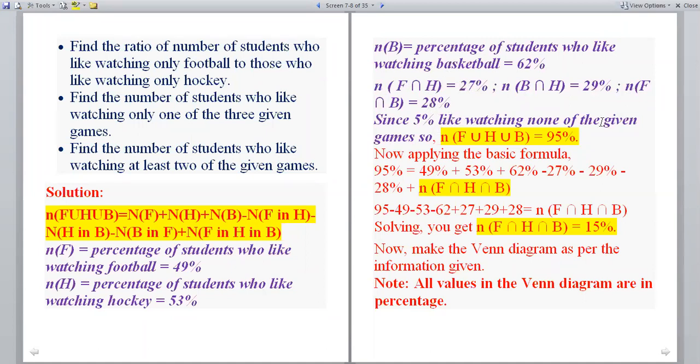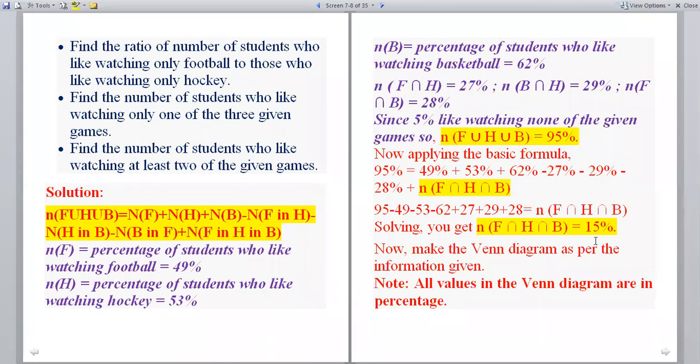And the percentage who like watching none, so you can say F union H union B will be 95%. This is one important point. Now if we use this above formula, we have everything except the last one, N of F intersection H intersection B. So if you put in the remaining values, you will be able to find N of F intersection H intersection B, that would be 15%.